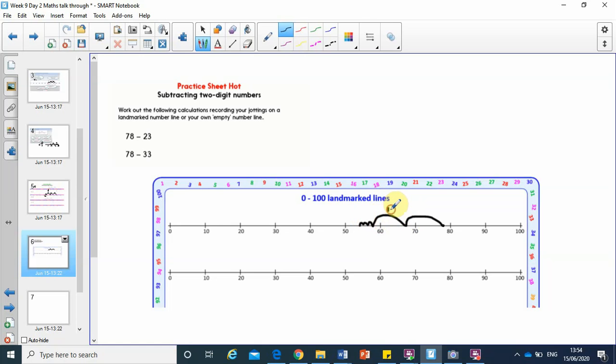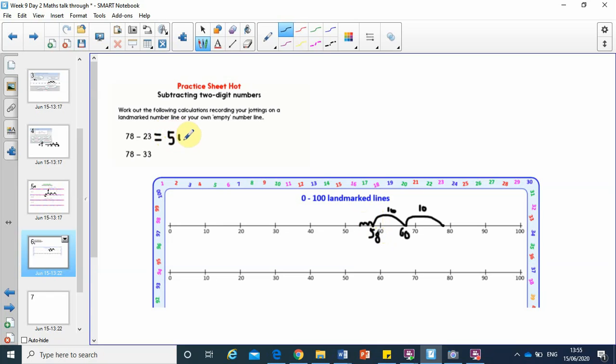Put your numbers above. So again, 78 goes to 68. If you want to put that number in, that's fine. Goes to 58. You can put the number in if you want to. 58, 57, 56, 55. So again, we've got the answer 55.